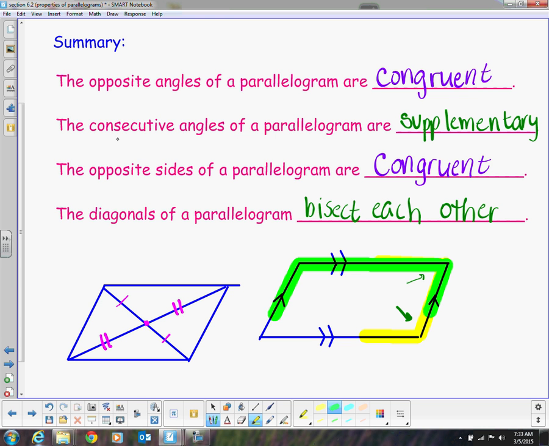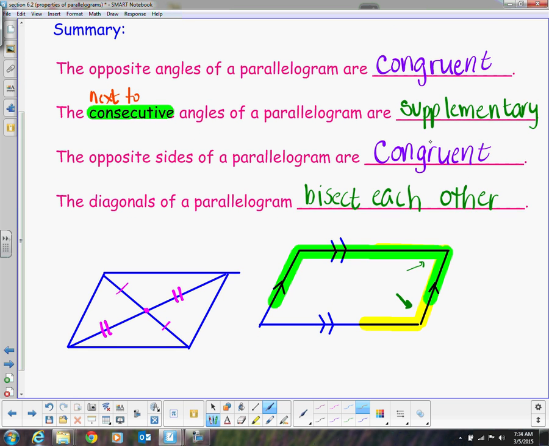All right? Consecutive means next to. Not opposite, but next to. All right, so with all of this, you need to know all these because we're going to build on this.